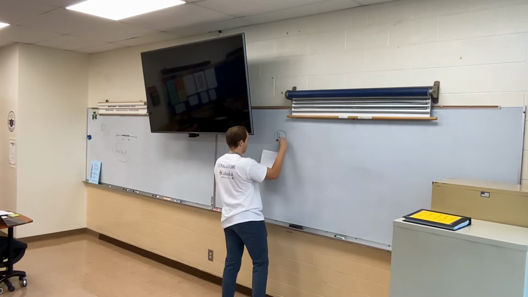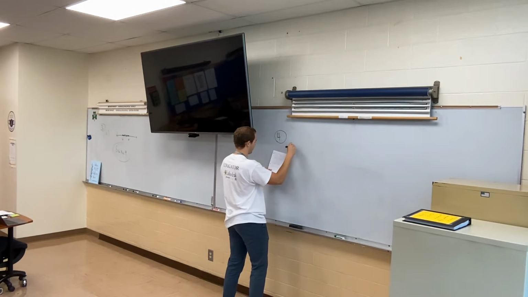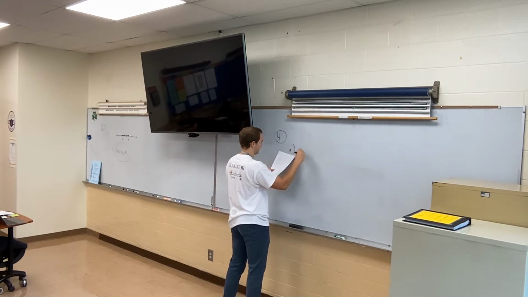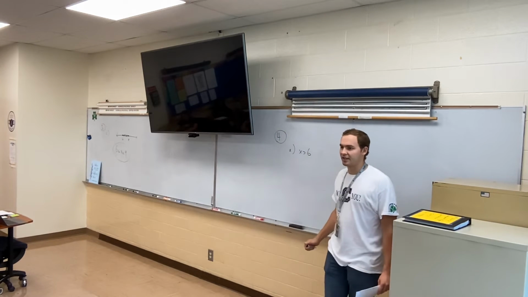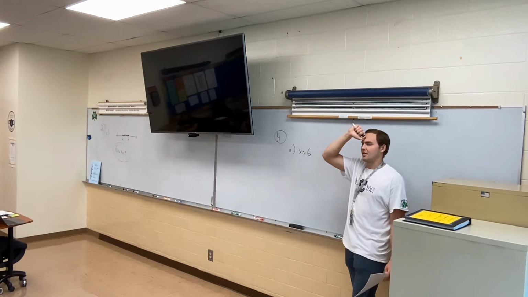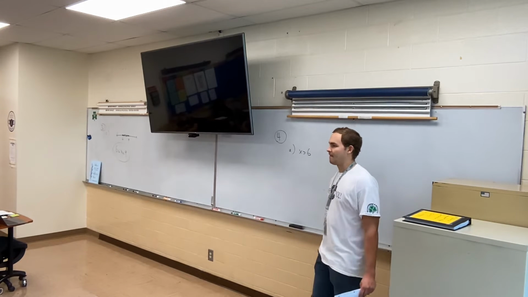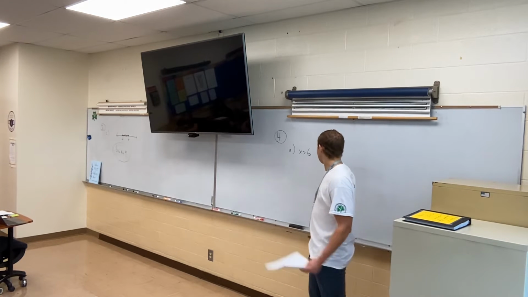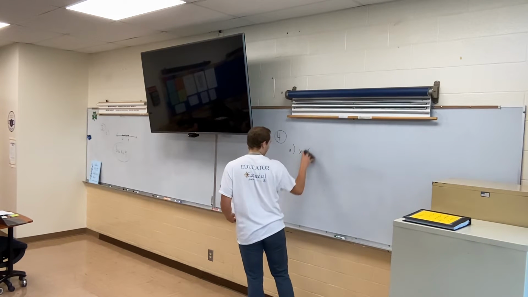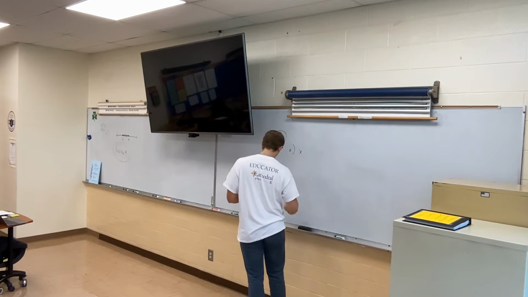4. Write as an interval, x is greater than 6. Okay, this will touch upon what we just talked about. So x is greater than 6. What might our interval be? I'm sorry, that's poor handwriting. If you can't read my handwriting, please tell me.